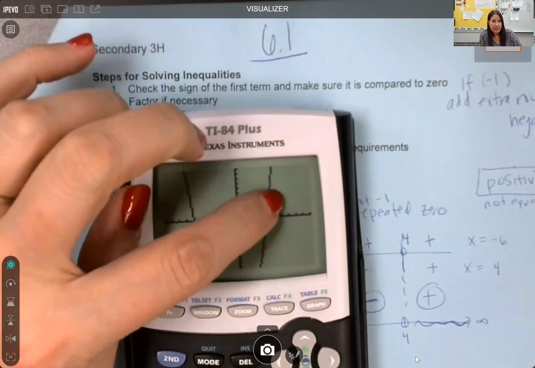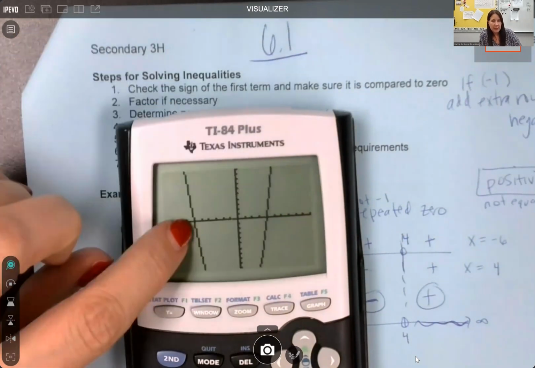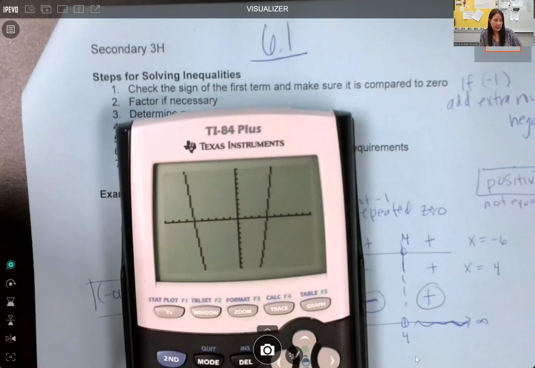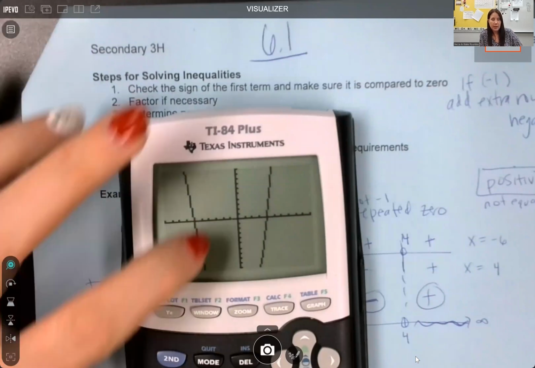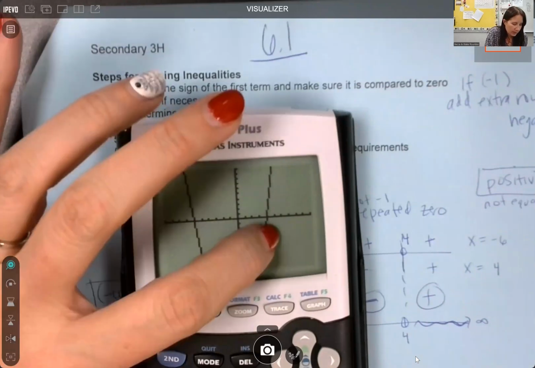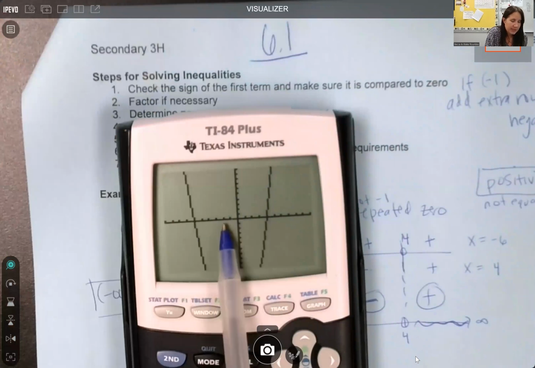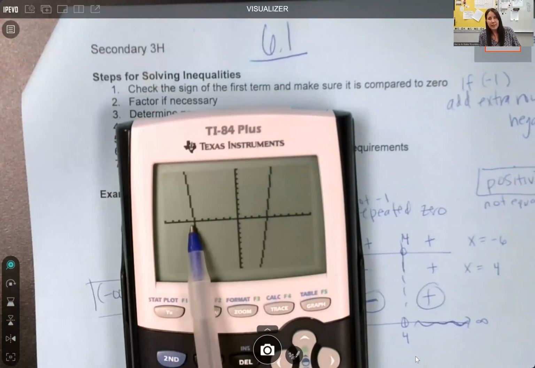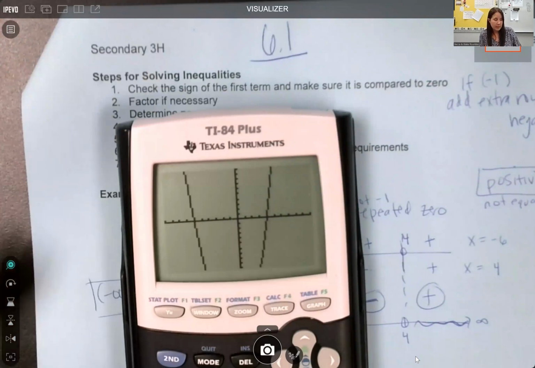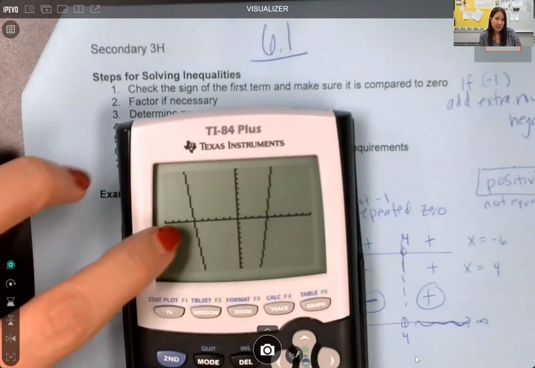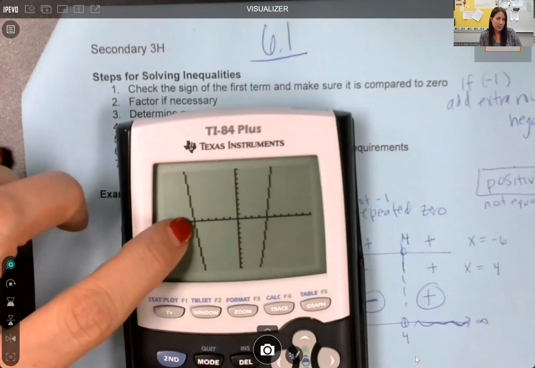I would have to find these 2 points if I didn't already factor it and know that this was -6 and +4. Even though it looks like 1, 2, 3, 4, 5, 6, I don't know that that's exactly it. It could be -6.00001, and if you put -6, you would miss it. So you want to make sure you know what those exact numbers are.